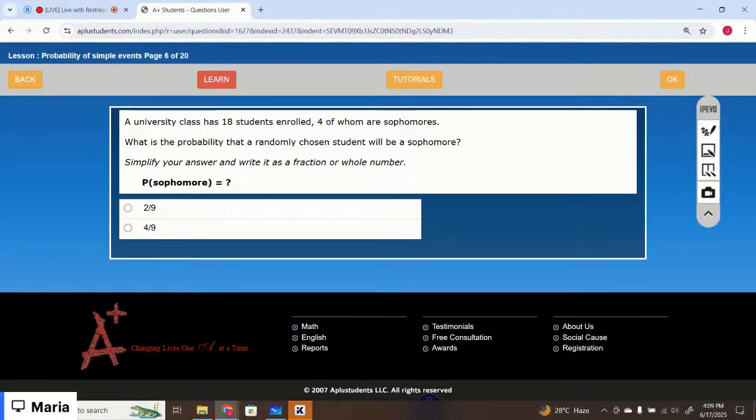A university class has 18 students enrolled, four of whom are sophomores. What is the probability that a randomly chosen student will be a sophomore? Which is the correct option?